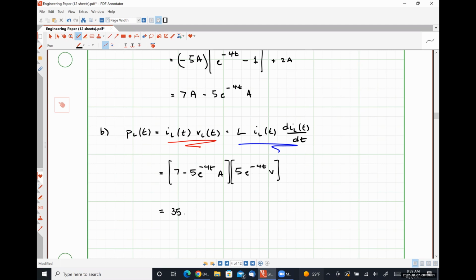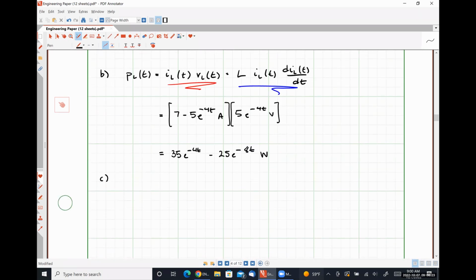So we're going to have 35 e to the minus 4t, and then amps times a volt is a watt. And then we're going to multiply -5 e to the 4t amps times +5 e to the -4t volts. And so what that's going to give us is -25 e to the minus. So what happens when I multiply 2 exponentials together? You add the exponents. Absolutely correct. So e to the minus 8t watts. Power's done.